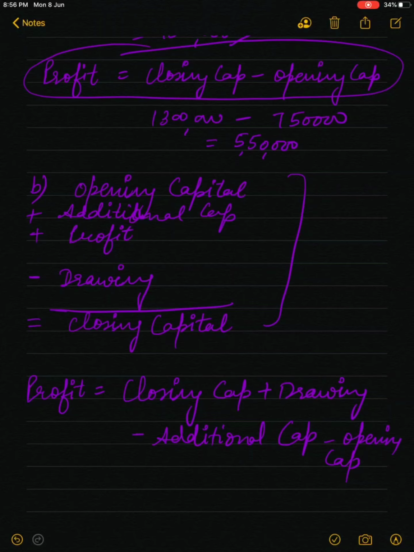Where did this formula come from? It is derived from this formula. We have to find out this profit. Closing capital is given, drawing is given, additional capital is given, opening capital is given. The items that were minus will become plus, and those that were plus will become minus.